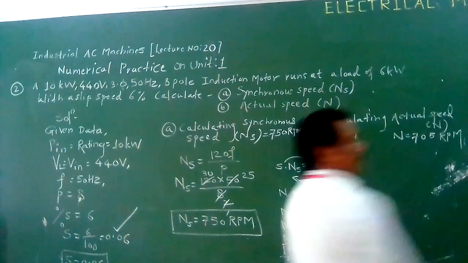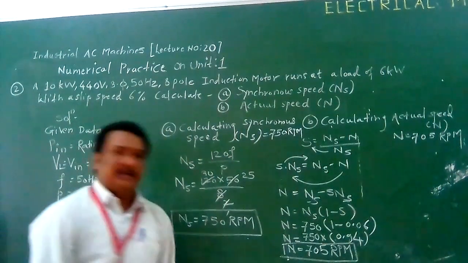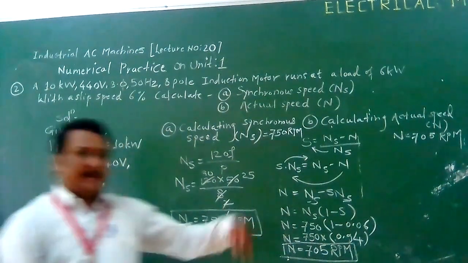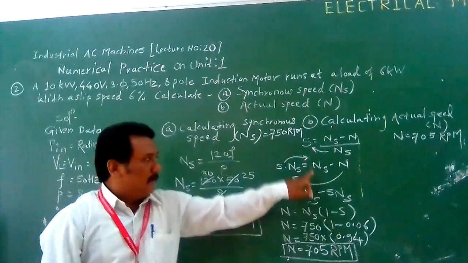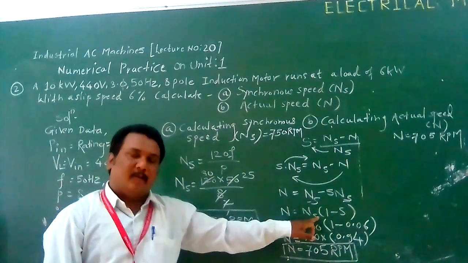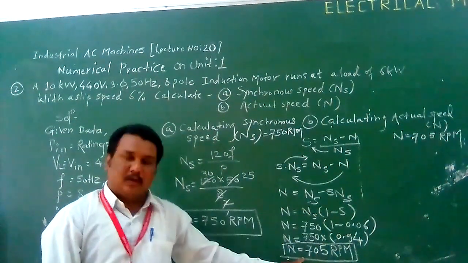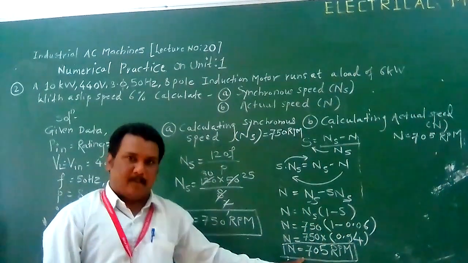So it is the second kind of example, in which the percentage slip is given, and we modify the slip formula and, using this formula, calculate the actual speed. So this is the second type of numerical.